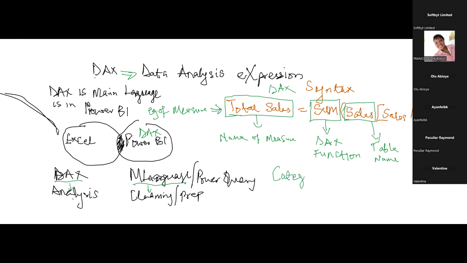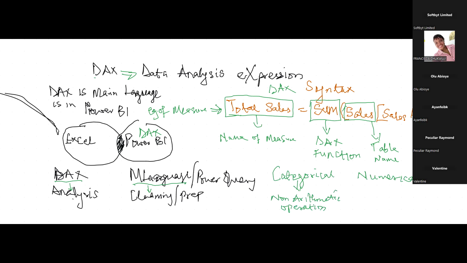And when I said categorical column and numerical, these are the columns that you do not do any arithmetic operation on. Non-arithmetic operation. So they are basically mostly the dimensions, and they are more like the text.